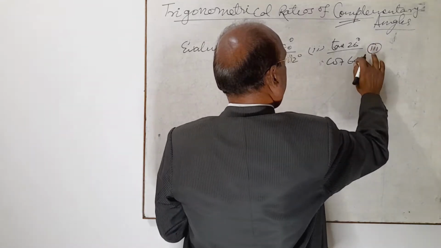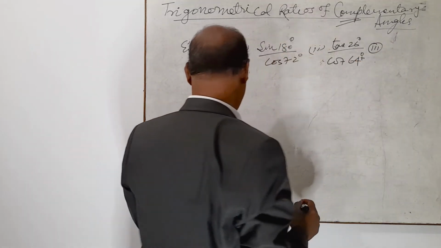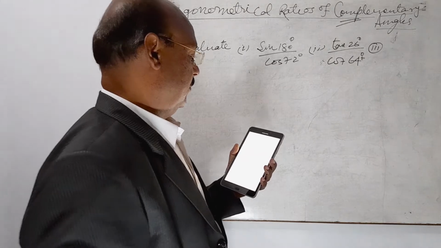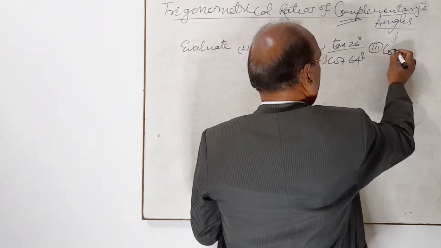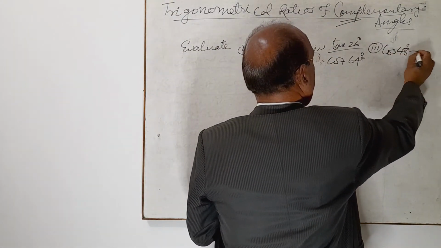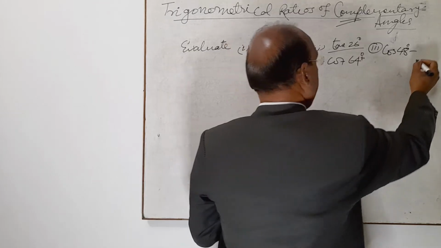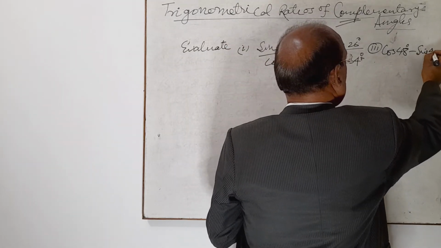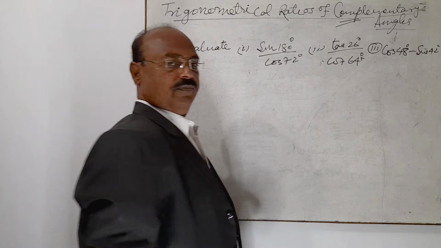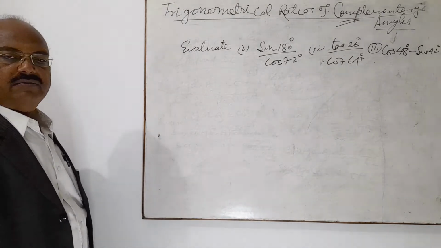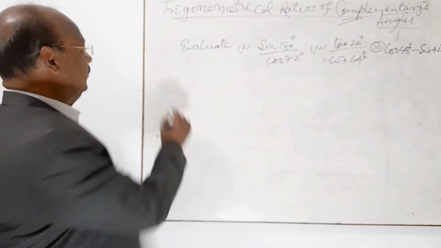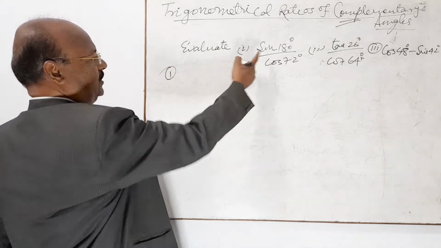And third, cos 48 degrees minus sine 42 degrees. You can do these questions very easily. Let us start with the first question.